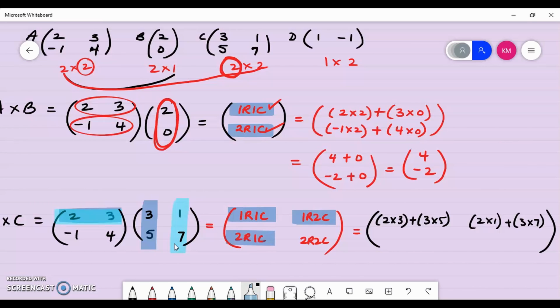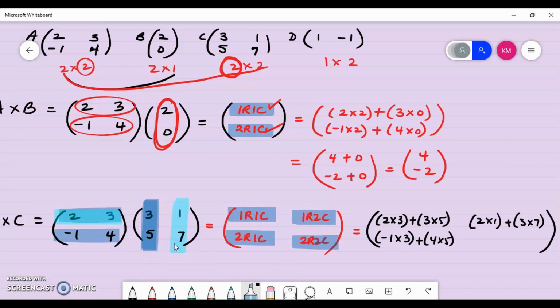I need to multiply second row by first column. So second row by first column. So I will multiply -1 by 3 and 4 by 5. Lastly, I will multiply second row by second column.